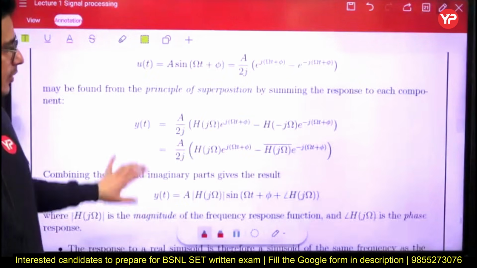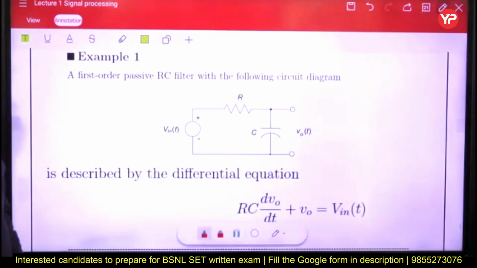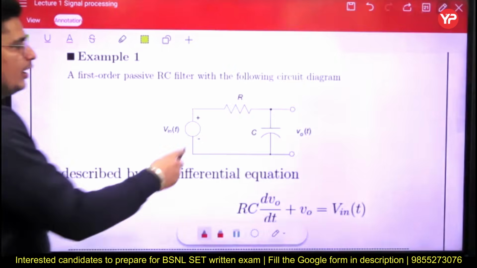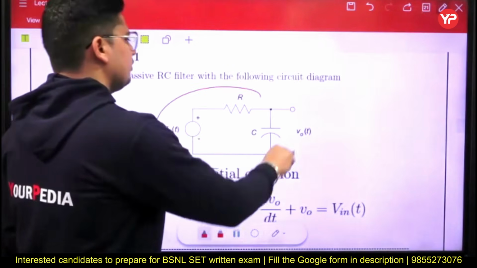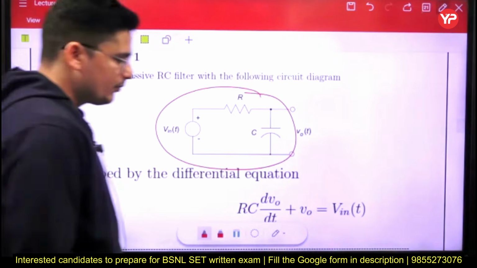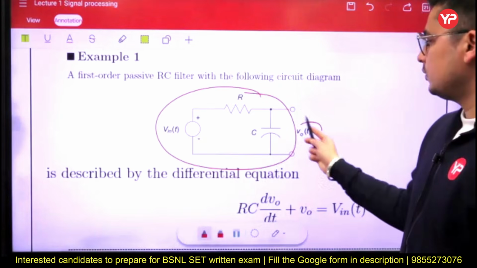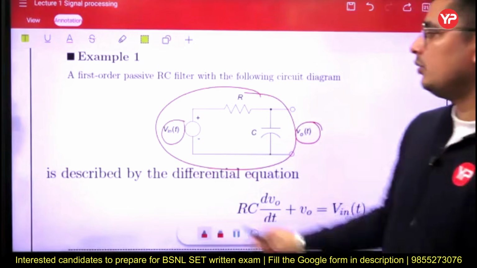Let's do one example for that. This is the derivation, no need to go into that derivation. This is an RC circuit, right? We have to calculate the output voltage of that system when you have an input voltage.